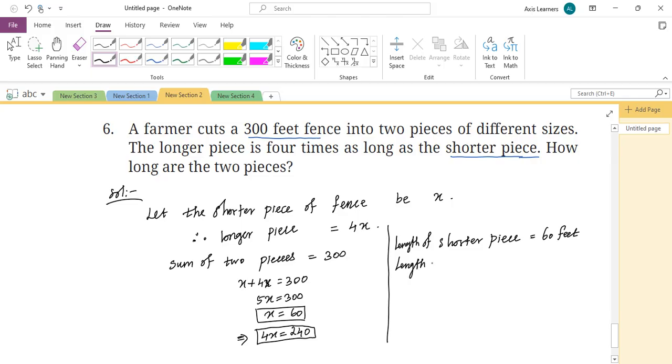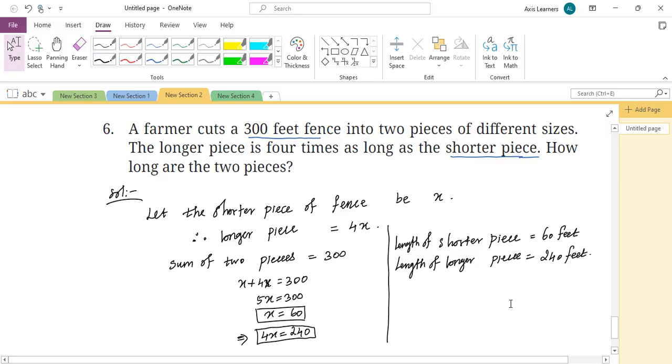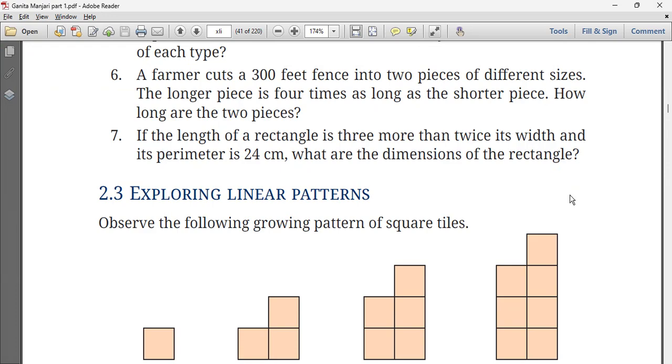Length of the longer piece is equal to 240 feet. Okay, that's all. We completed this one also. Now we will move on to the seventh one, the last question in exercise 2.2.